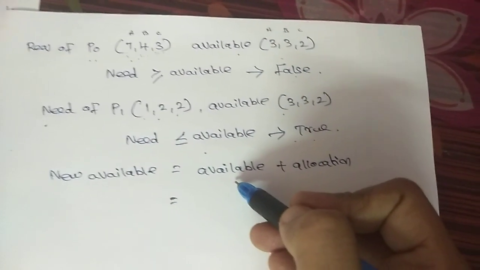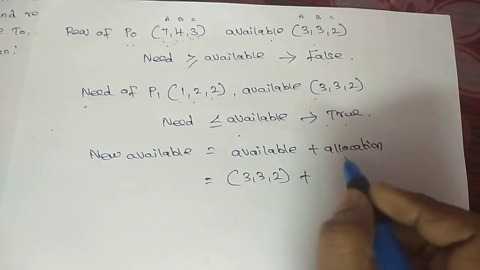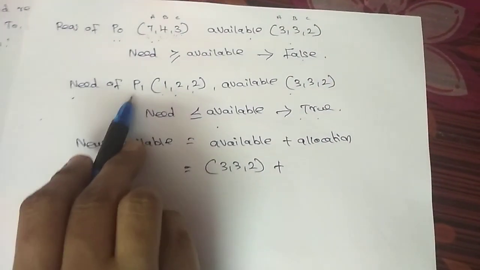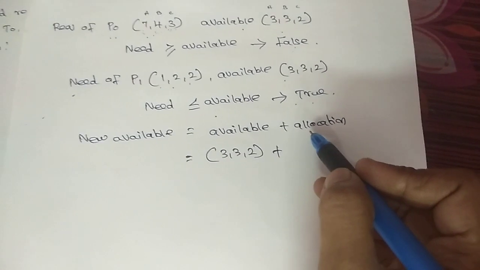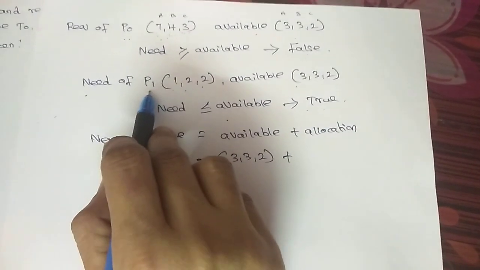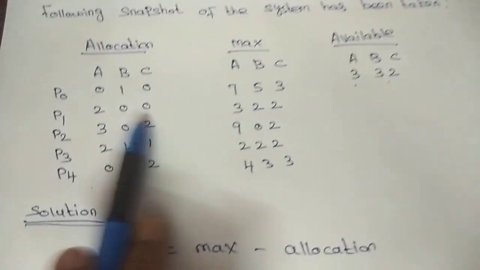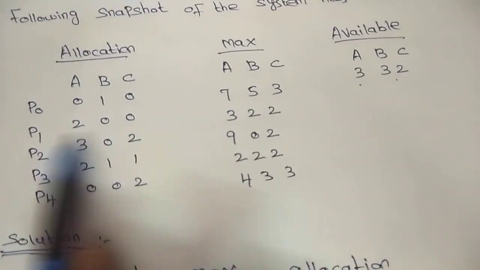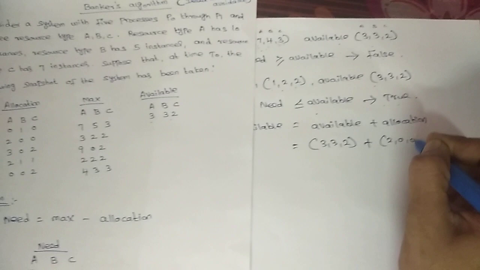After the algorithm tends to true, we are going to calculate the new available. What is the available here? 3, 3, 2 plus what is the allocation? P1 has succeeded, so we are going to consider the allocation of process P1. It is given in the equation, allocation of P1 is 2, 0, 0. So we are going to add this 2, 0, 0.